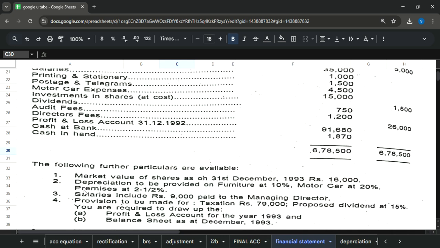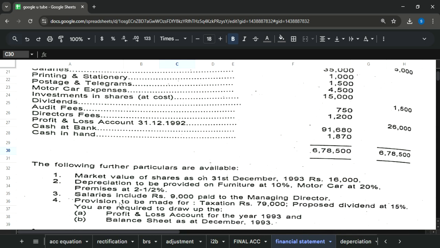In the second option, you will segregate out of 35,000, 9,000 to managing director. So you can write salary to MD 9,000 and the remaining amount of salary you can mention as general salaries. So why should we complicate a question when we have the option to leave it out? So just leave it because it is already included.